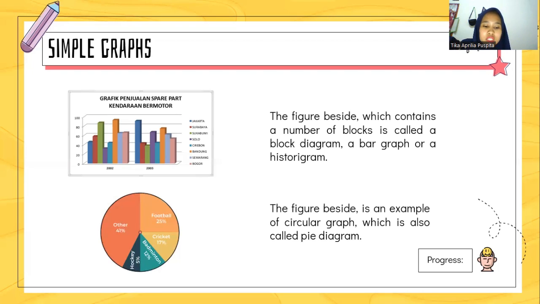Notice how the circle is divided into sectors, each representing a certain quantity. This pie diagram represents the percentage of people's hobbies or skill, like football, cricket, badminton, hockey, and other.